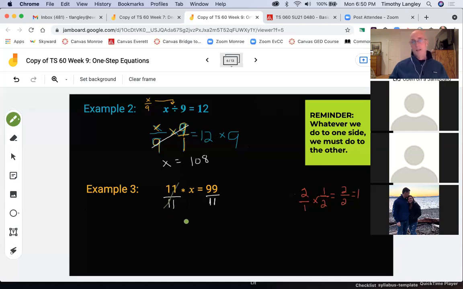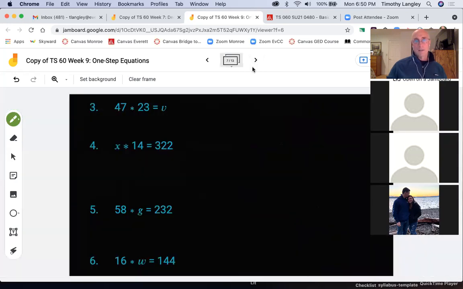And that leaves me with X equals, 11 goes into 99 9 times. So again, I got my X by itself by doing the opposite operation from what is going on on the side that has the X on it. Okay. All right.